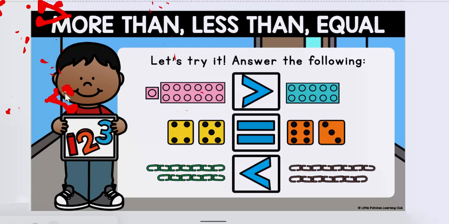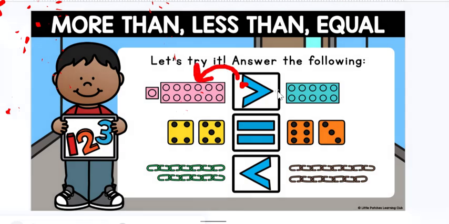Because we said 13 was more than 10, meaning the alligator is eating the bigger number and is pointing to the little number, okay? Then we said equal to. 9 is equal to 9. We were correct on that one.